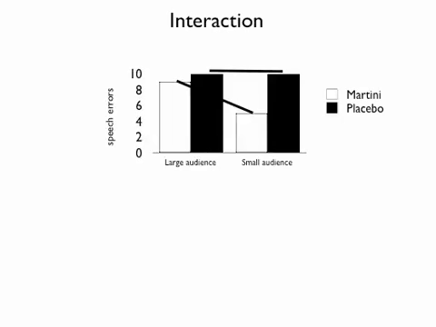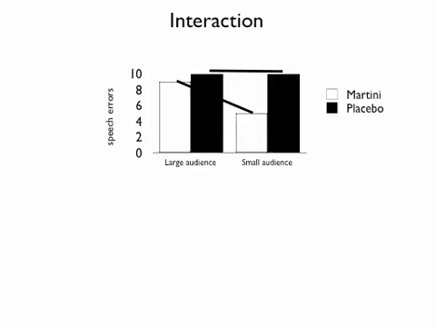So on average, the martini group is making about 7 errors, regardless of which audience they addressed. The placebo groups, both large and small audience, are making 10 errors on average. So if the martini groups together are down here at 7, and the placebo groups are up here at 10, then the main effect of drink type is that people drinking the martini make fewer errors than the placebo group, regardless of audience size.